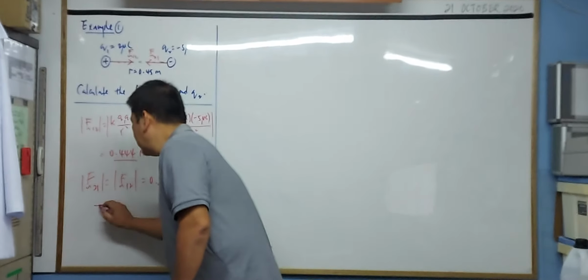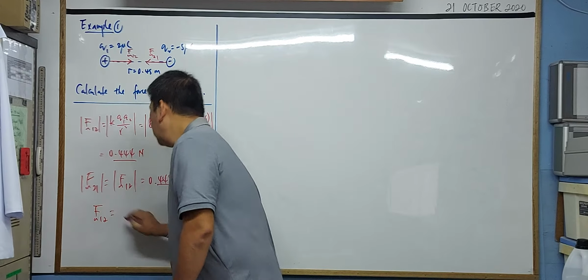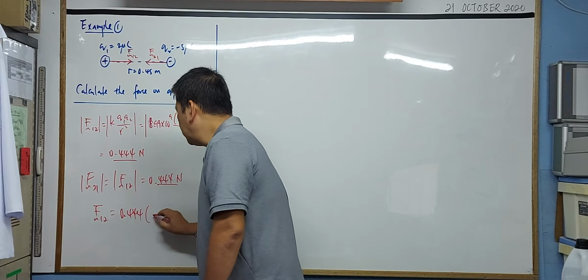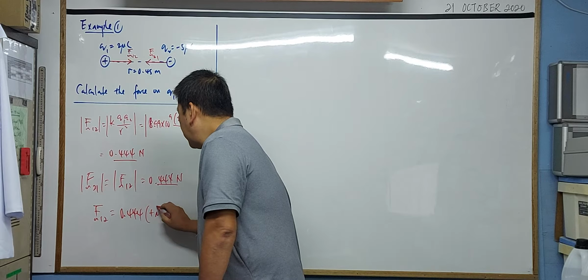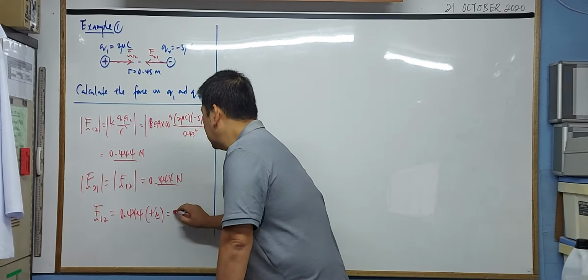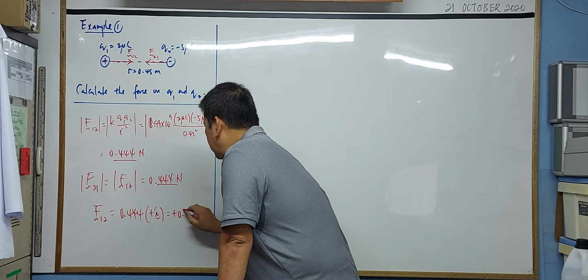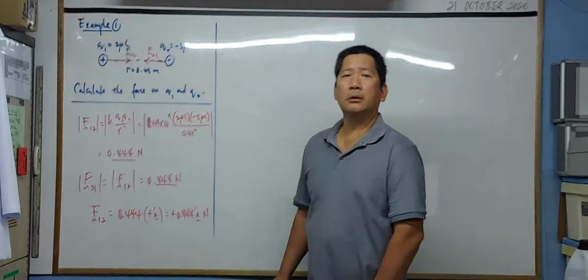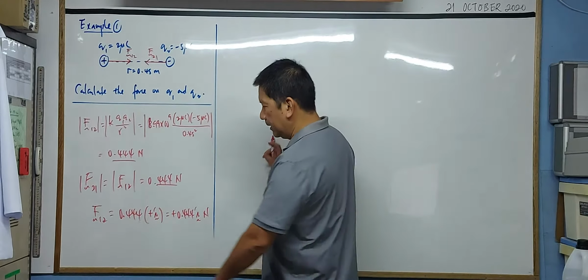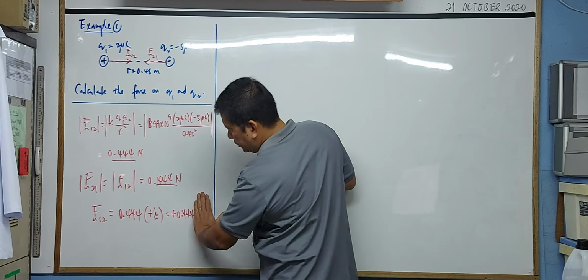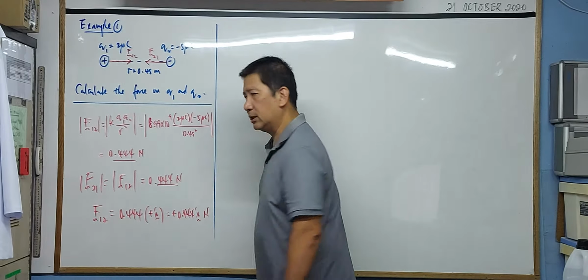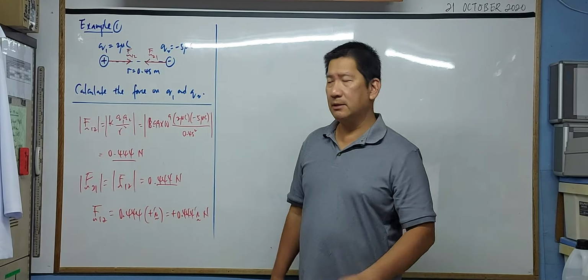So the direction of F12 is 0.444 multiplied by positive i. So you end up like this: positive 0.444 i Newton. This answer tells us two things: the magnitude of the force, which is 0.444, and positive i points to the positive x direction. Simple, right?